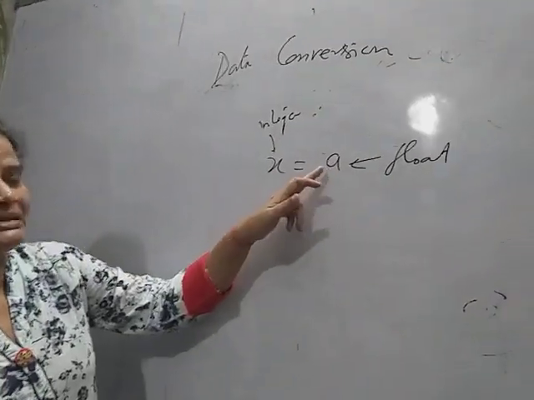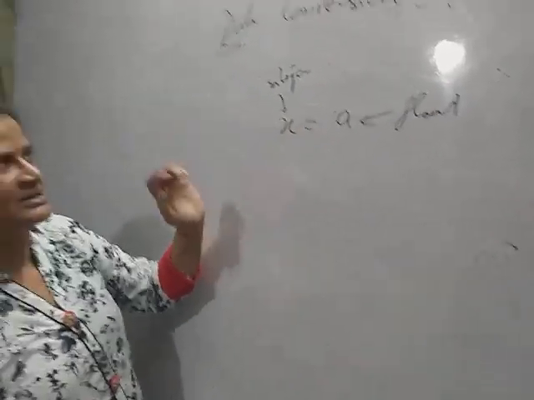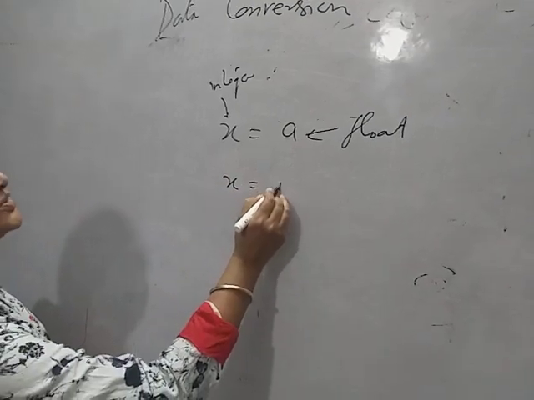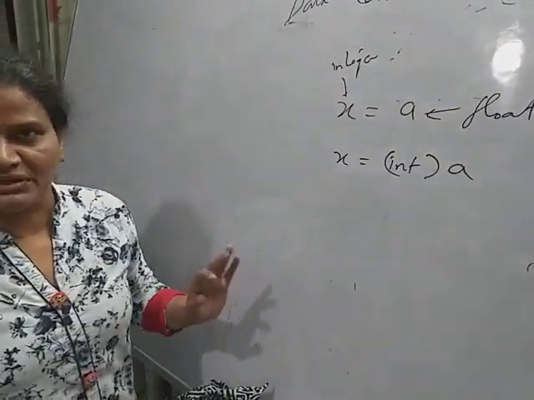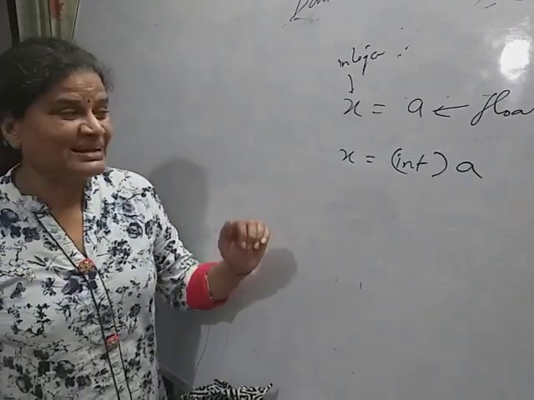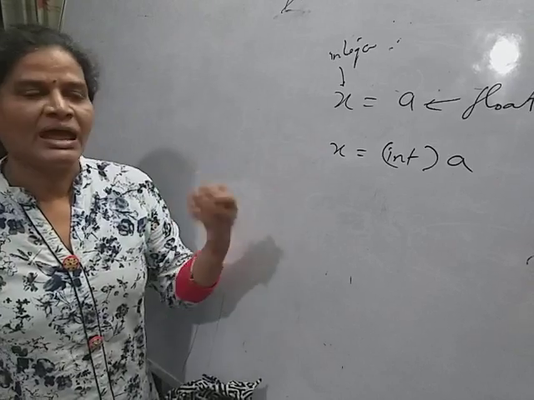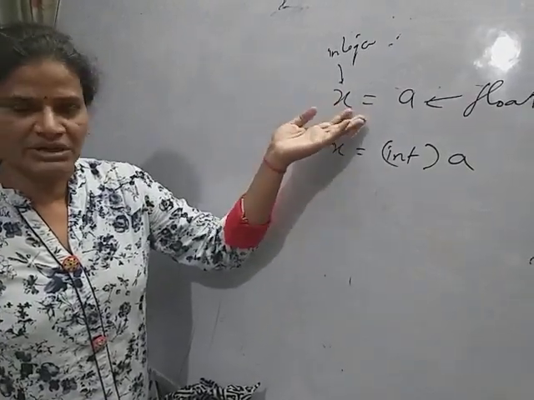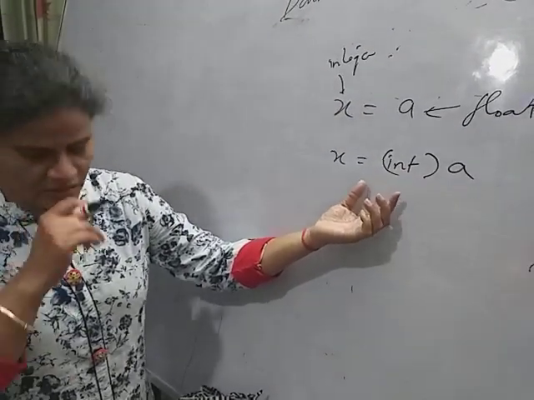If you want to do it explicitly, you can write x is equal to int a. This is a typecast operator available to convert one basic type into another. Either the compiler calls the built-in routine, or you can use a typecast operator.